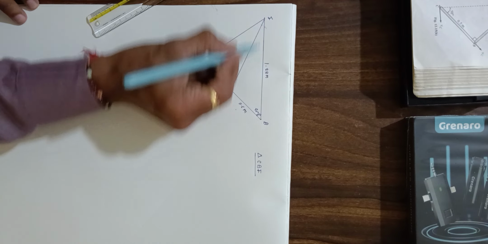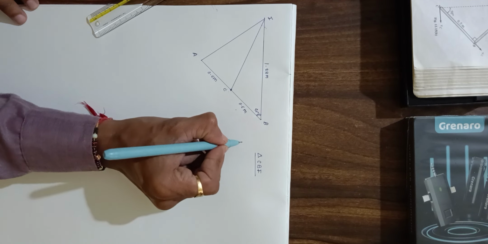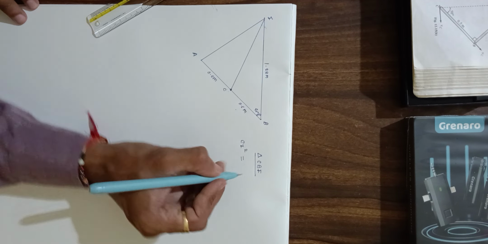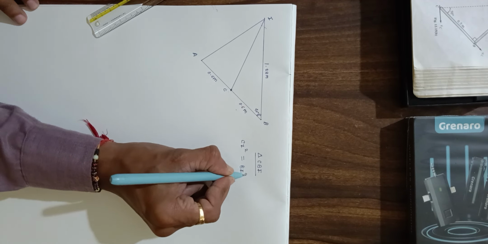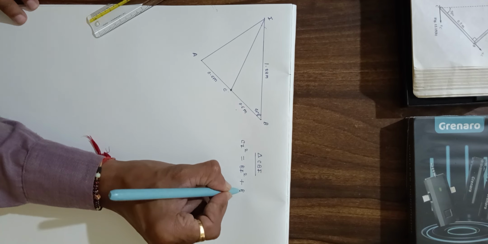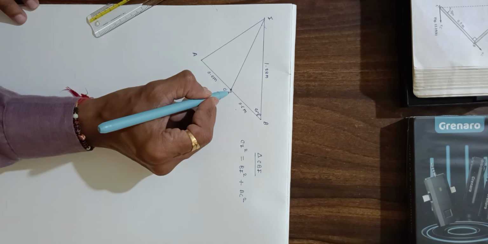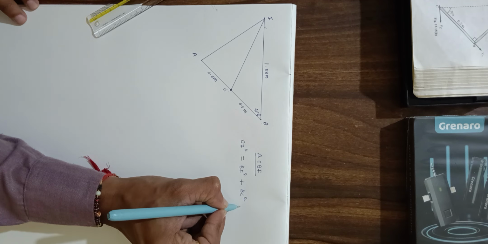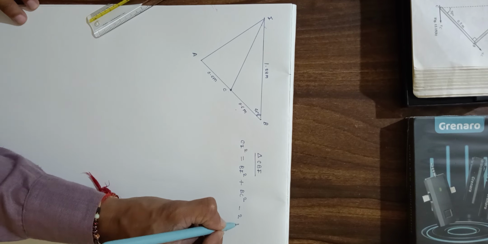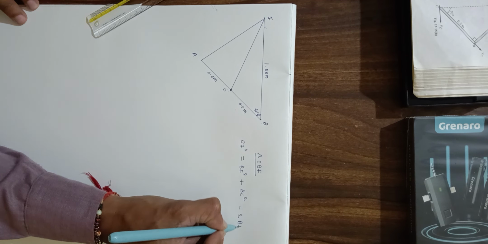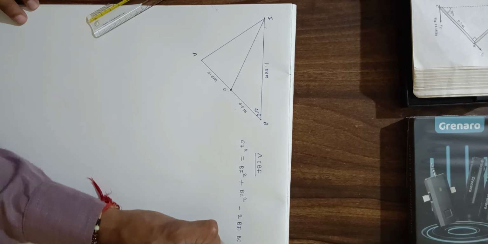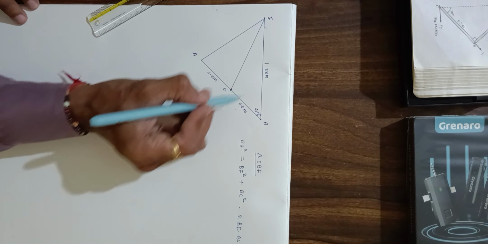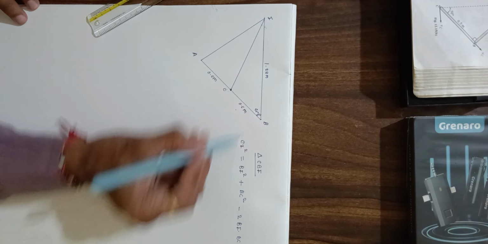In this triangle, the unknown is distance CI square, which is equal to the known BI square plus BC square, the second adjacent side, minus 2 BI into BC cos of the angle between the two adjacent sides, so cos of 40 degrees.